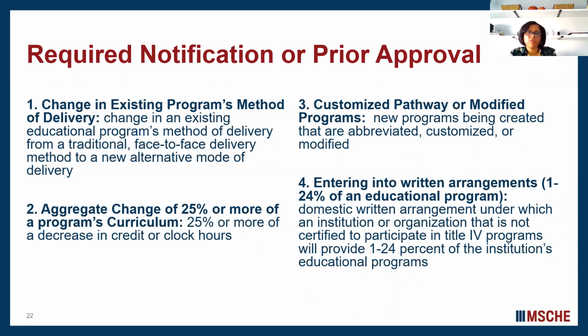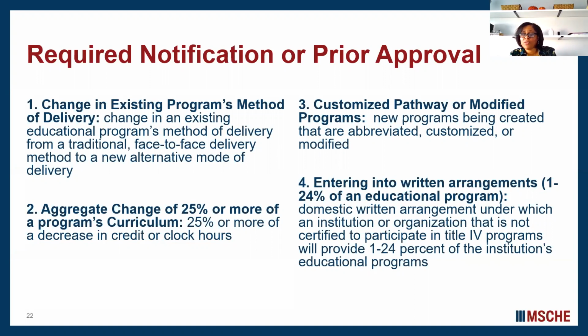And then for number 4, entering a written arrangement, which we were formerly calling a contractual arrangement. This is just for instruction. I guess it depends on the number of credits in the program.